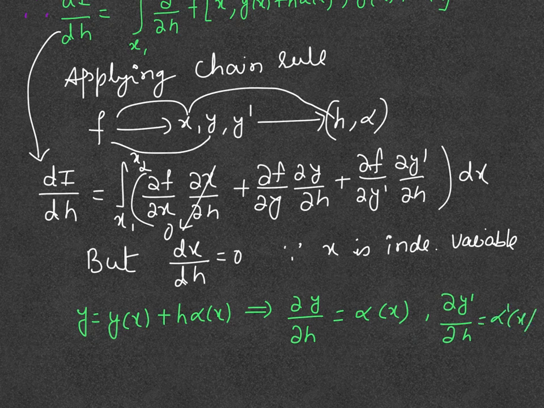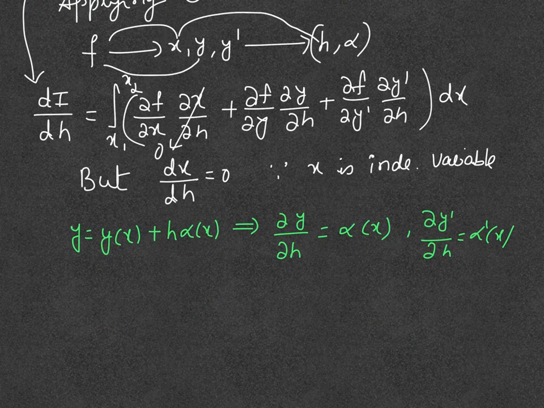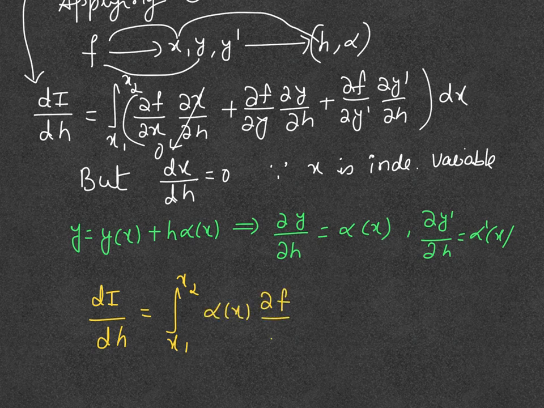Now substituting these in the above result, we get di by dh is integral x1 to x2, and the first term becomes 0 because dou x by dou h is 0. In the second term we substitute alpha x and write dou f by dou y as it is, plus alpha dash of x dou f by dou y dash as it is, with respect to x.